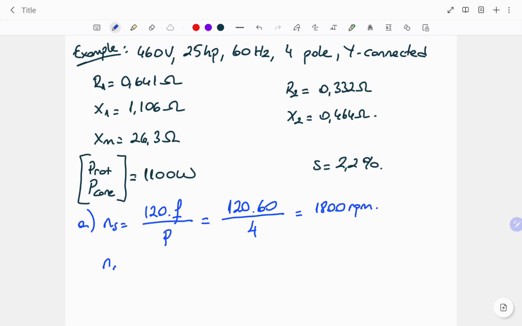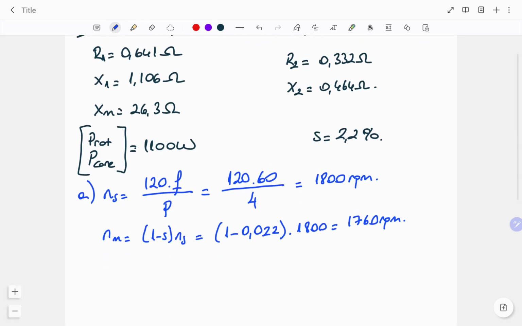And similarly, Nm, the motor speed, can be calculated with 1 minus S times Ns. 1 minus the slip value, which is 0.022, times our calculated synchronous speed will be 1760 RPM.